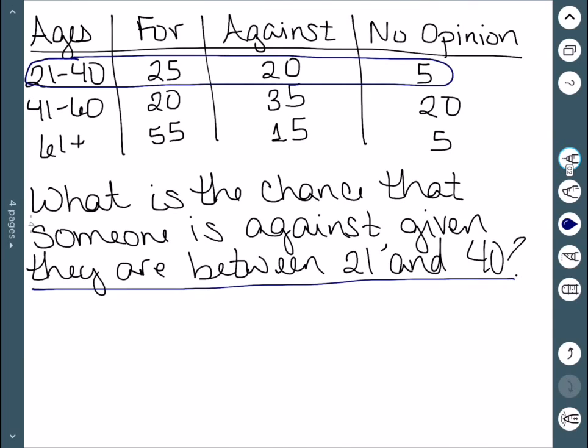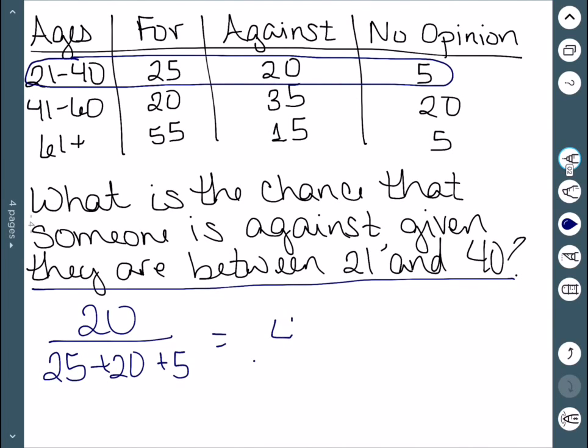In here, the chance that they are against would be 20 divided by the total number of people in this age group. 25 plus 20 plus 5, which is the total number of people in this group. And if we reduce this, we get a total of 0.4 or 40% chance that they are against, given that we already know they are between the ages of 21 and 40.